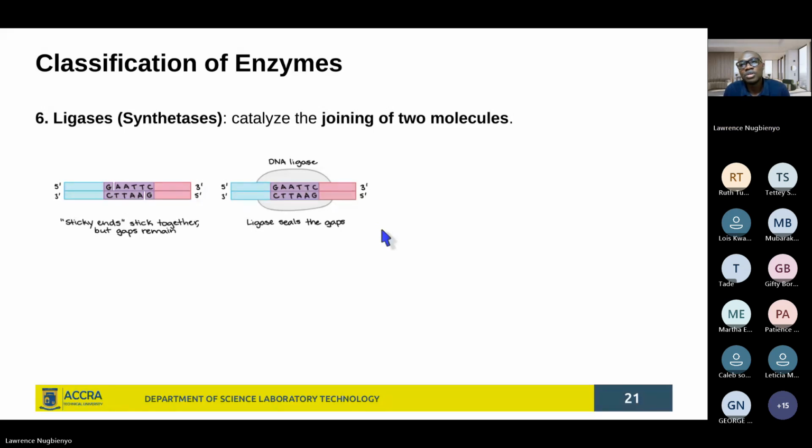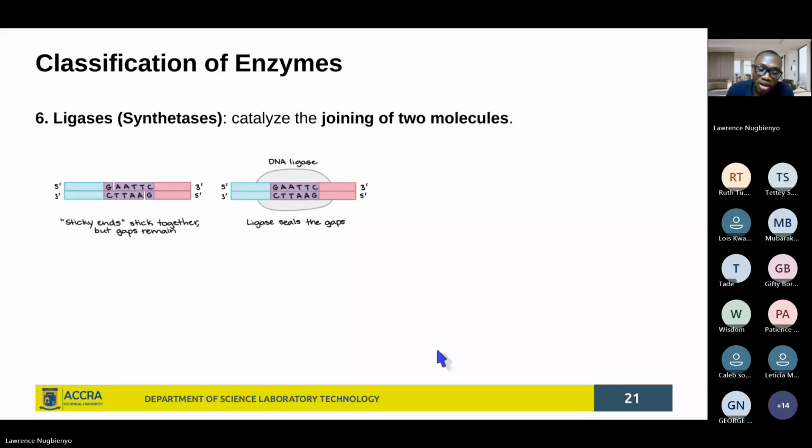So how many classes of enzymes have we looked at based on the type of reactions that they are catalyzing? Six.